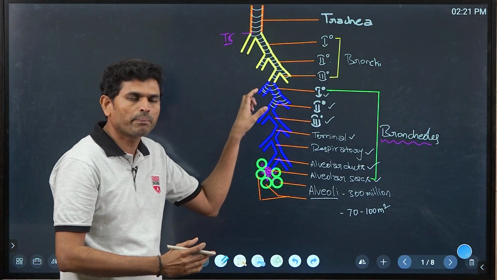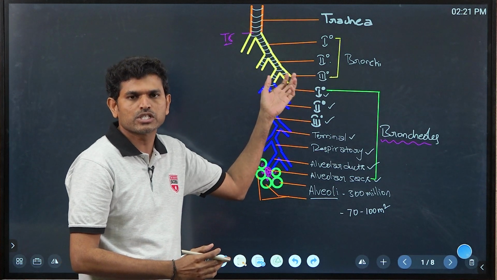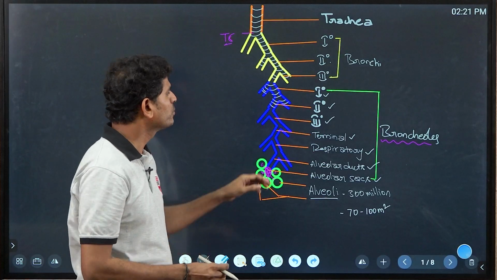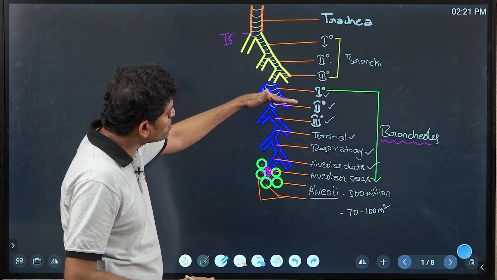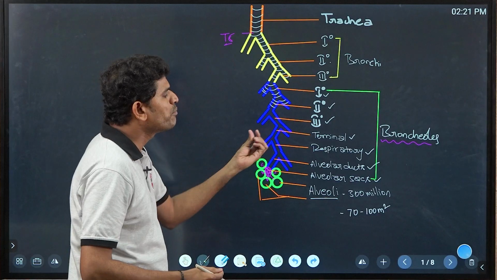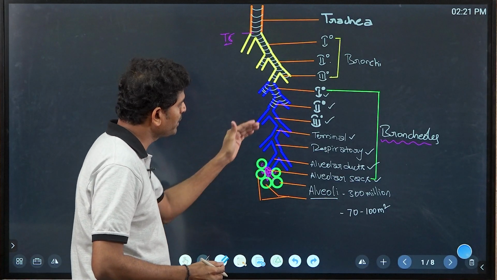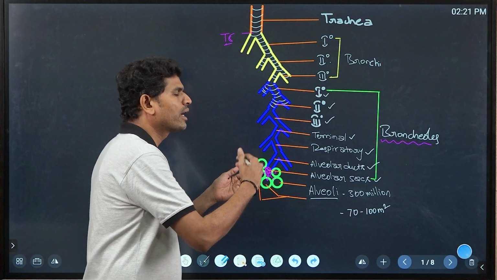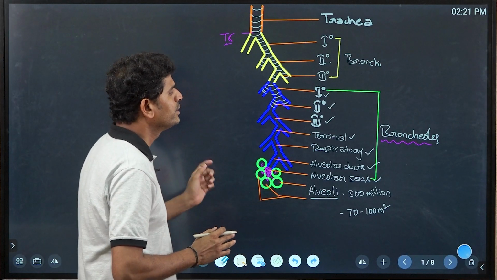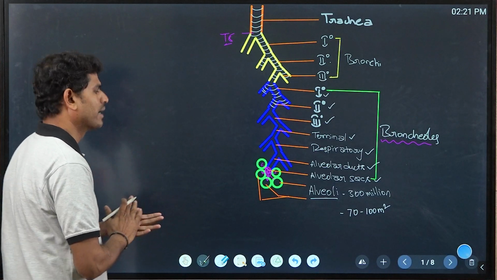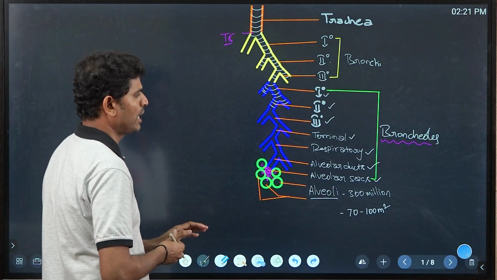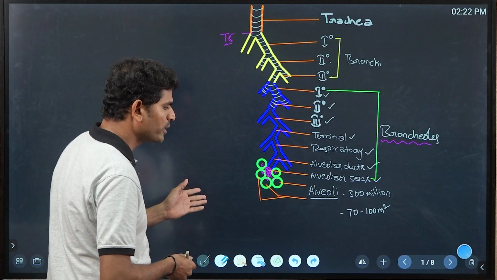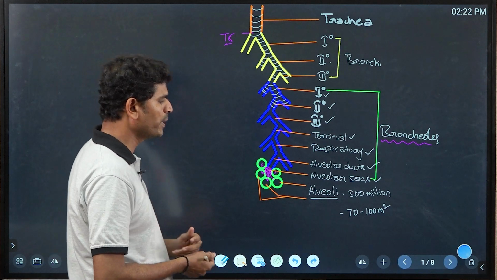That's why they are provided with C-shaped cartilaginous rings, which are hyaline cartilage. Apart from the initial bronchioles, the remaining ones are smaller in size, minute branches that repeatedly divide. So they need not necessarily be provided with C-shaped cartilaginous rings, since they are not likely to collapse; collapse is a chance in the larger ones, so those are supported with C-shaped rings.